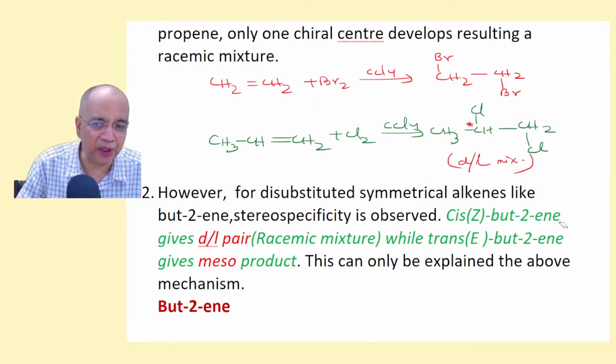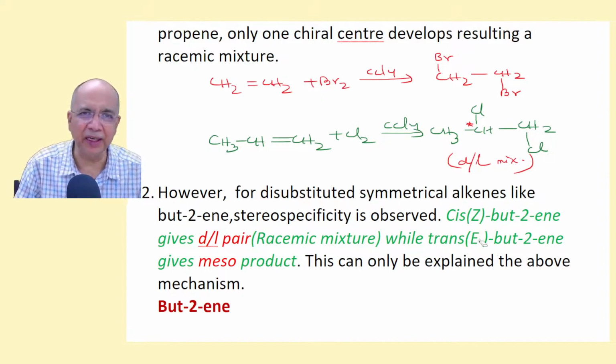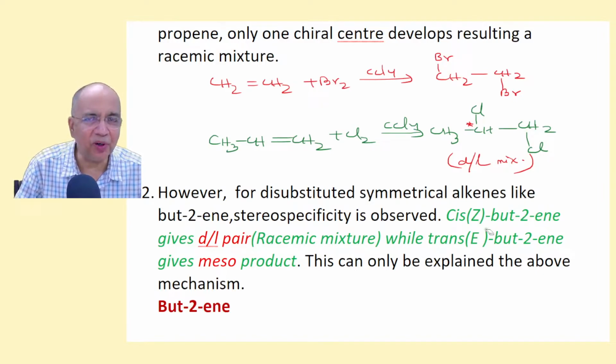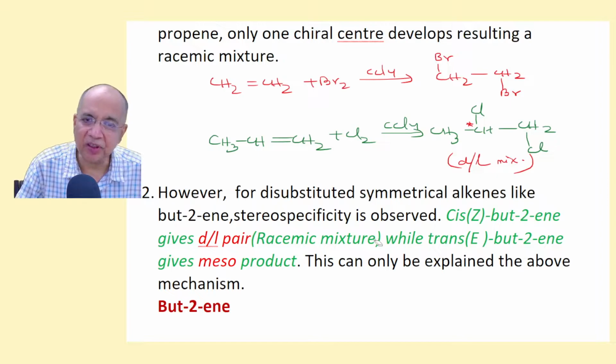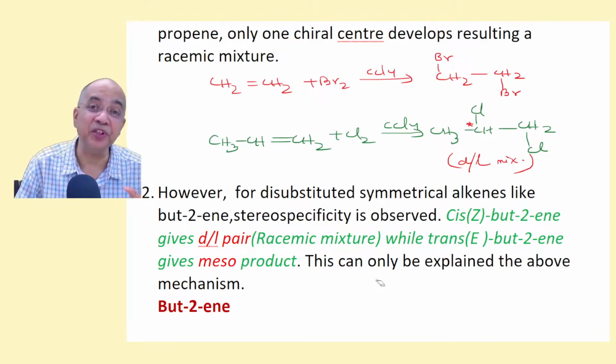Z-butene, but nowadays cis and trans, these terms have become outdated. Only for simple compounds having identical groups, you can use cis and trans. So Z-butene gives a DL pair or a racemic mixture, while the trans butene or E-butene gives meso product. So this is called a stereospecific reaction.